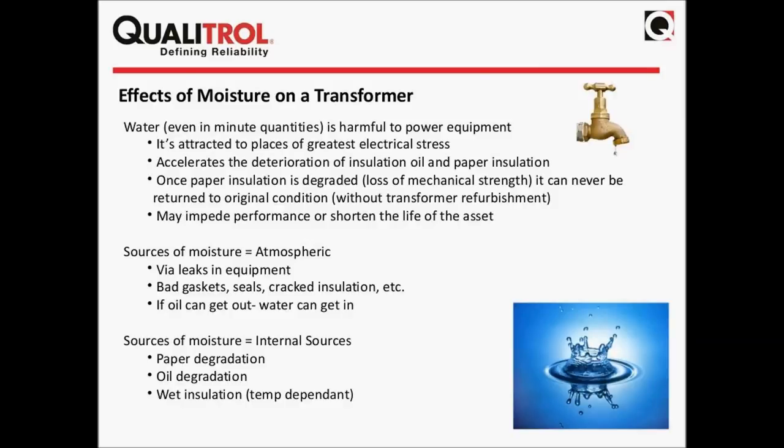As your transformer is under normal operation, the load changes, the temperature changes, and the water inside of your transformer is constantly in flux between the oil and the insulation. So it's constantly moving back and forth between the two, which is also going to shorten the life of your transformer over time. So internal and external sources of moisture are a big problem inside of an asset, and you want to eliminate or reduce those as much as you can over the lifetime of your asset to ensure that long, healthy life and no power outages or anything like that.